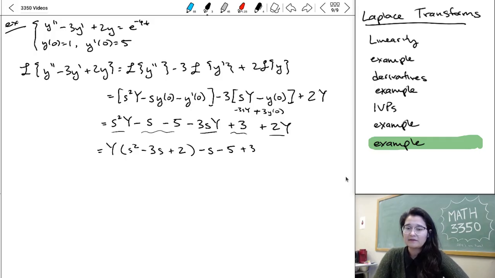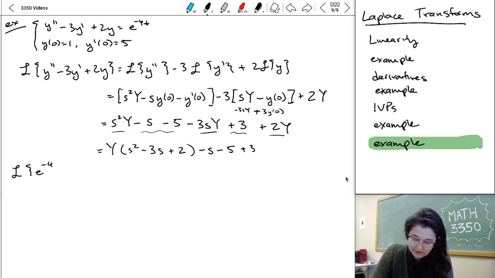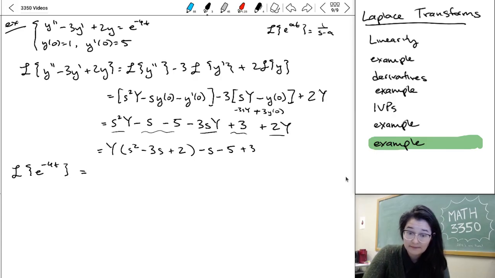At this point I think I've simplified Laplace of the left side as much as possible. So I'm going to do Laplace of the right side, L of e to the minus 4t. For this we're just going to use that L of e to the at equals 1 over s minus a.